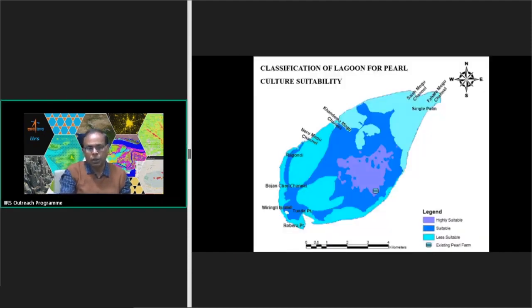And using the GIS and remote sensing data, we have classified the lagoon for pearl culture suitability. So we have identified a highly suitable site for pearl culture, where you can find an existing farm of pearl culture.